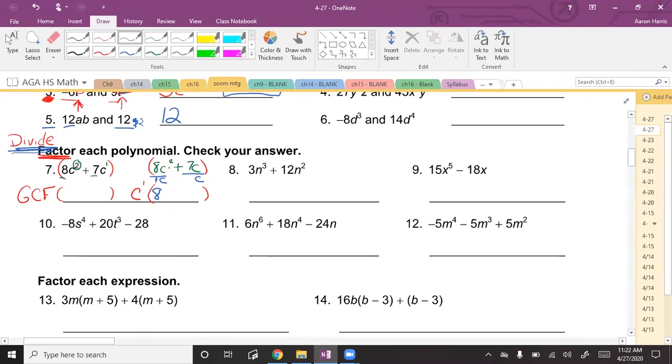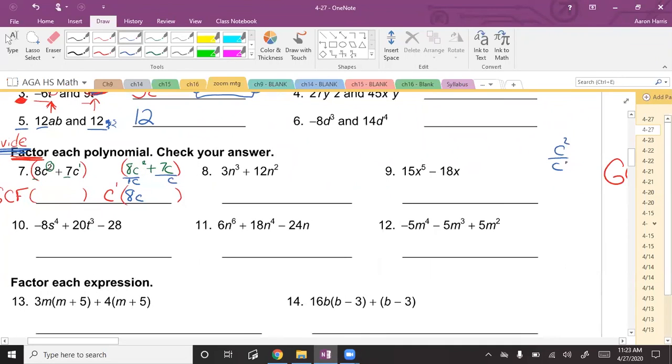Yup. What is C squared divided by C? This is a 1. So what do we do when we divide? Subtract them. And 2 minus 1 is? 1. Bring down the what? The plus sign. There you go.